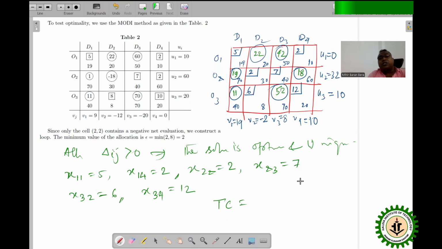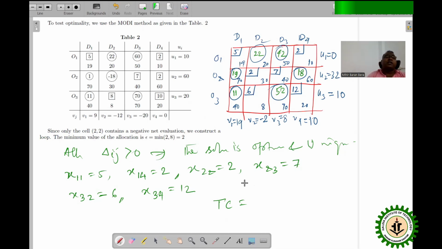So this is the way to find out the solution when you get that at least one delta ij is less than 0. This is the way to find out the solution of a transportation problem. I have considered all the 3 cases.